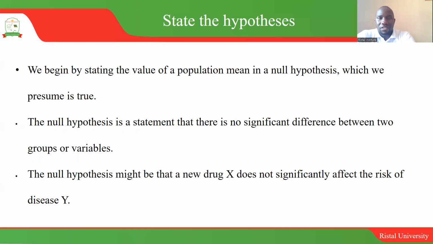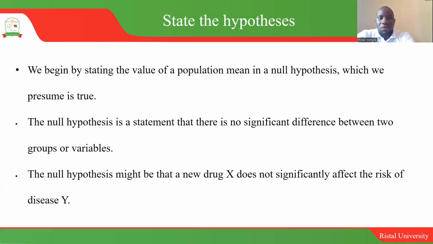So there is no difference between using drug X or Y. When you state that, it means that you're stating a null hypothesis. So you're basically stating that there is no significant difference between two groups or two variables.